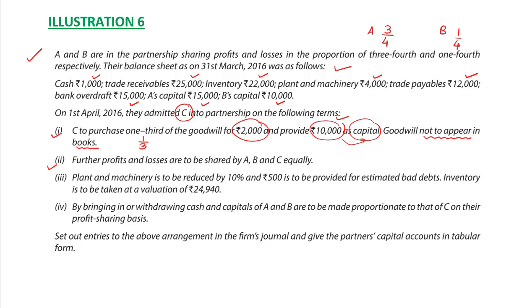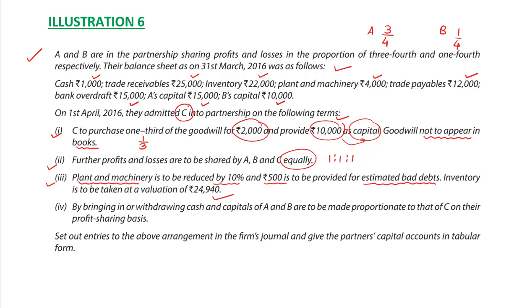Further, profits and losses are shared by A, B, and C equally, that is 1 is to 1 is to 1. Third, plant and machinery is reduced by 10%, and 500 is to be provided for estimated bad debts.